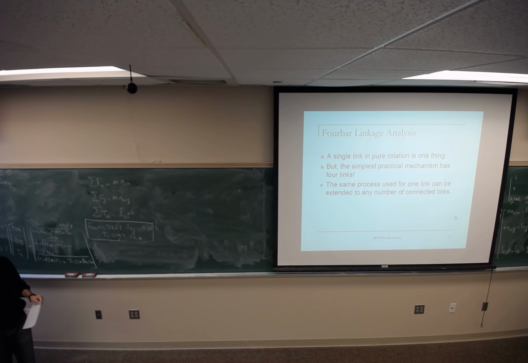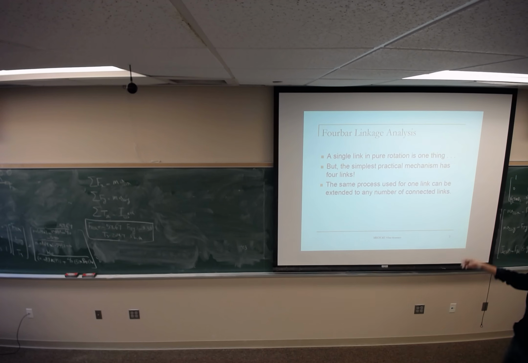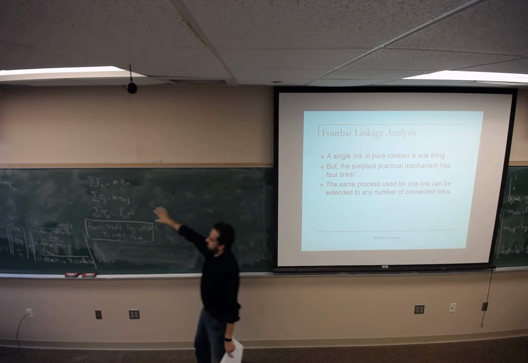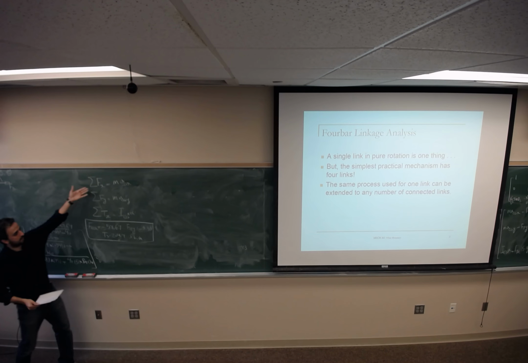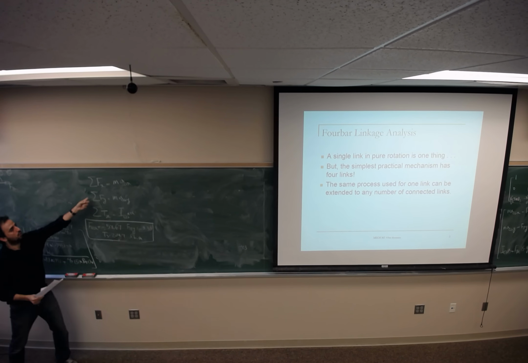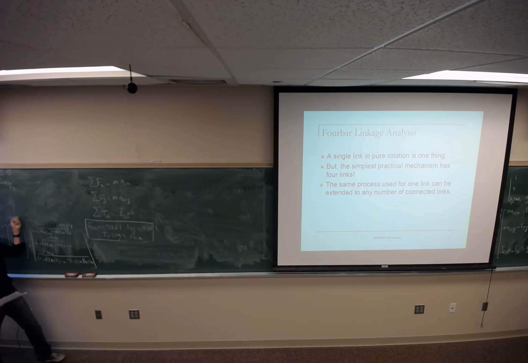So a single link in pure rotation is one thing, but the simplest mechanism that we have is a 4-bar mechanism. So we are going to have 4 rigid bodies. We are going to repeat the system, these 3 equations, 3 times, because one is ground, it's not moving, so no acceleration for the center of gravity of the ground, no rotation for the ground.